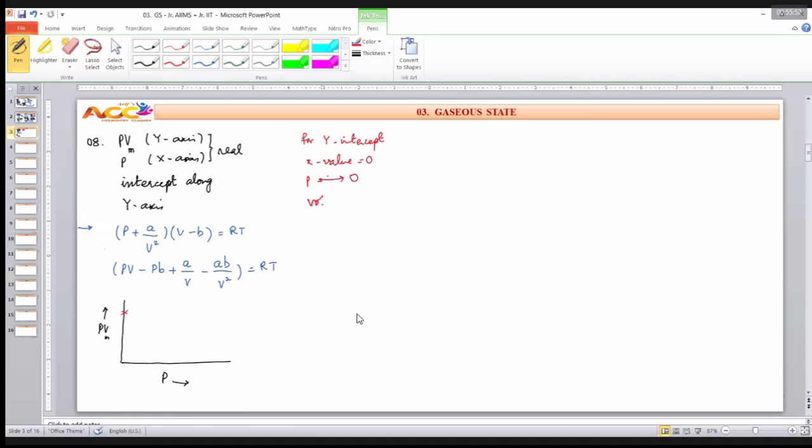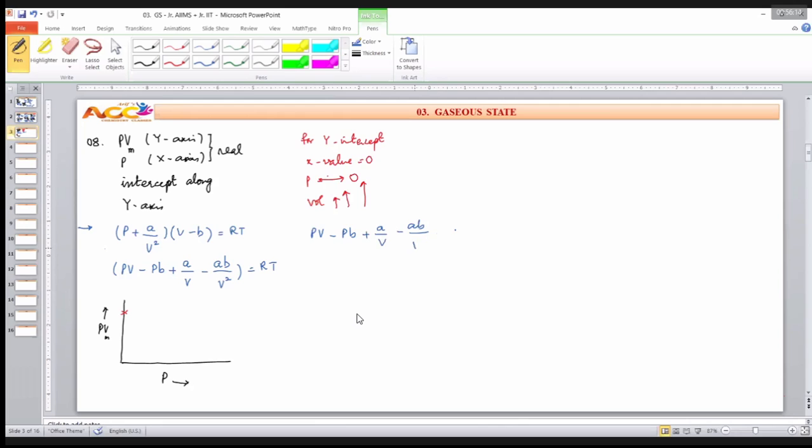This implies volume is very high. When volume is very high, remember PV, I'm writing once again the equation: PV − Pb + a/V − ab/V².